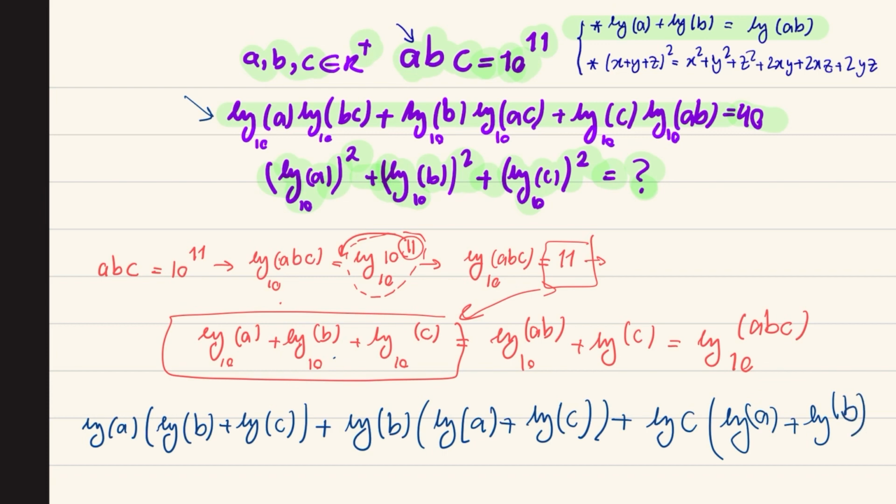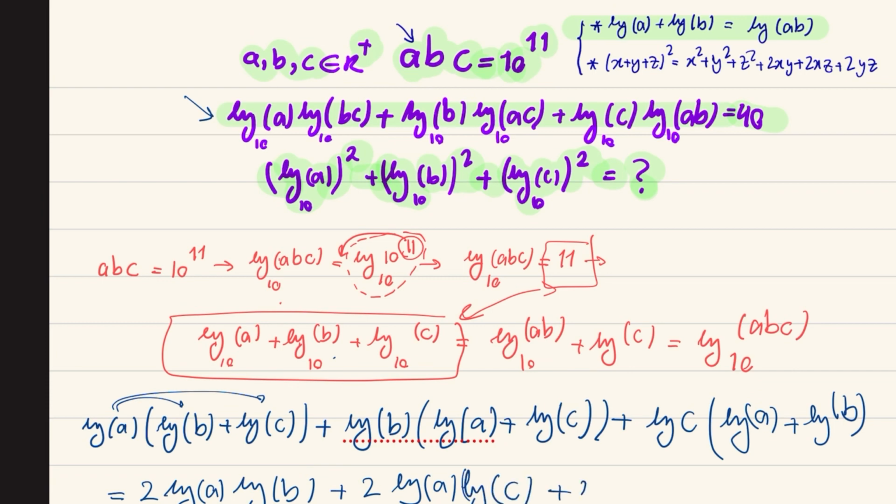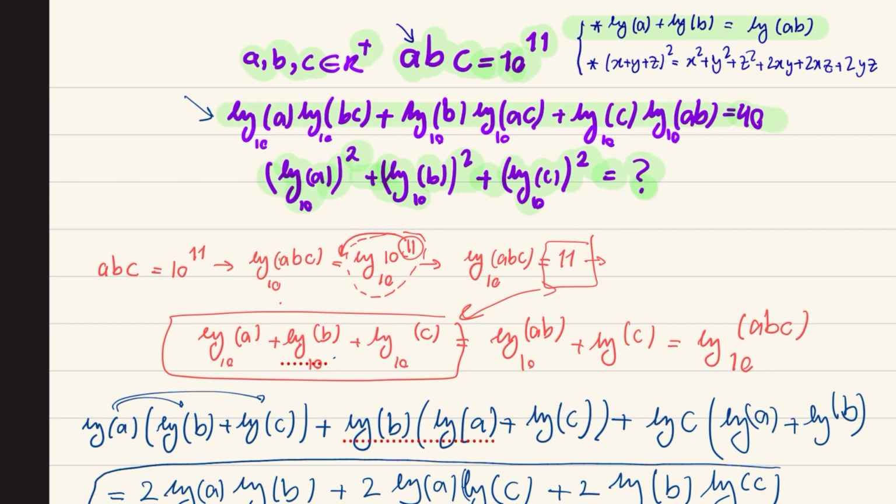And we can start multiplying these terms, and at the end we will have 2 times log a times log b plus 2 times log a times log c and 2 times log b times log c. So this is the second term that we have, which is equal to 40.